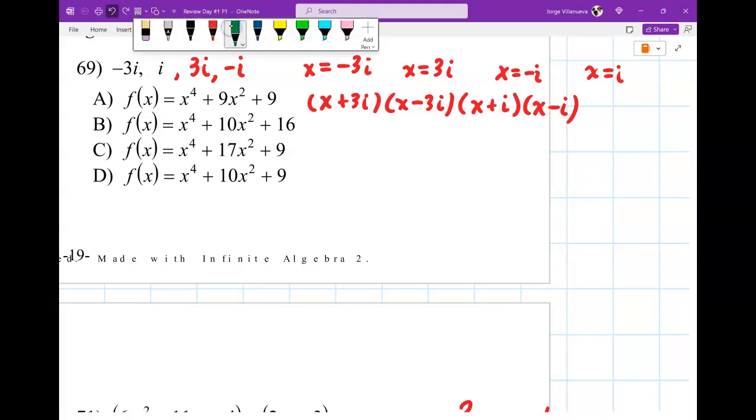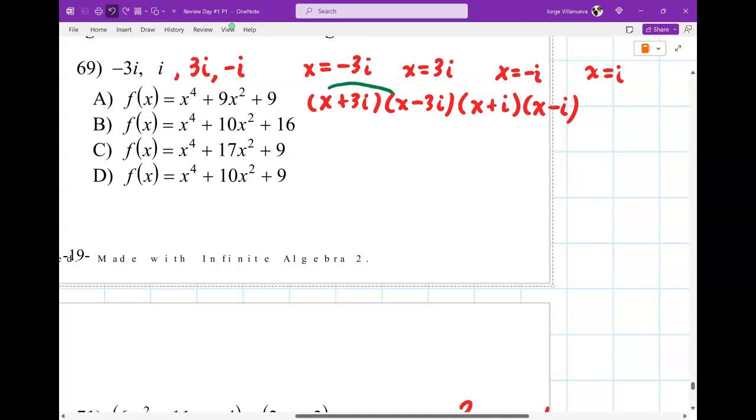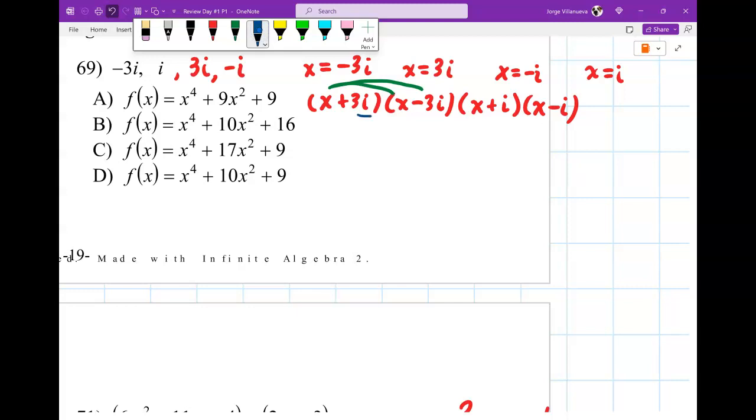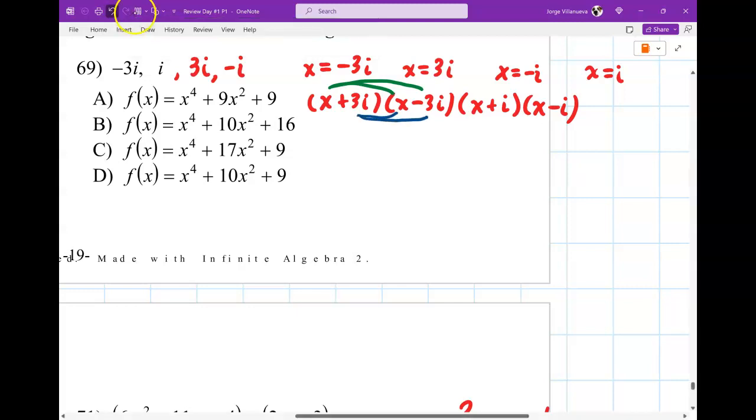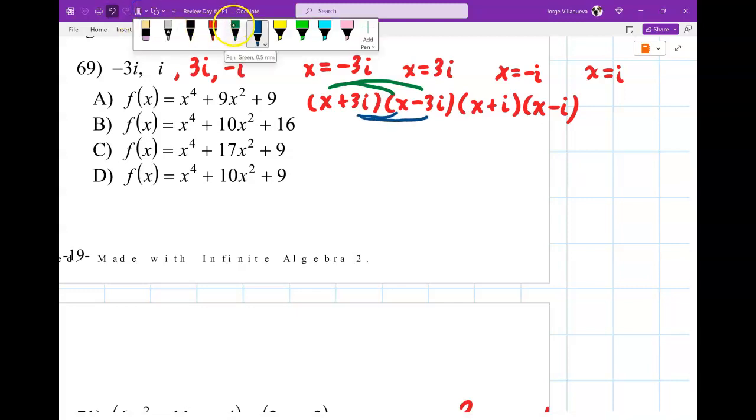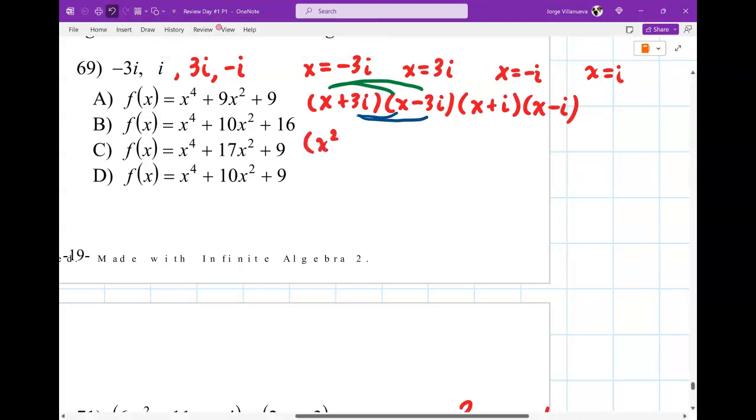So here we go. Let's start off with this one here, and then we'll go to here and there. So I'm going to do all 4 distributions. I don't like to, because here I know I just got to do 2. But let me show you what I'm talking about. So x times x is x squared. x times negative 3i, negative 3xi. 3i times x is positive 3xi.